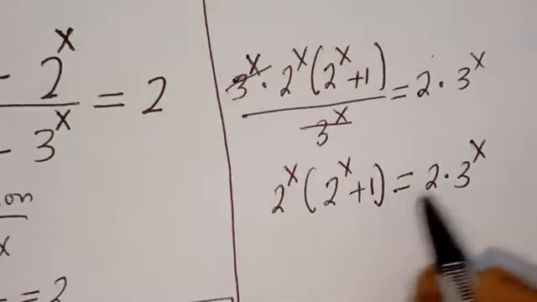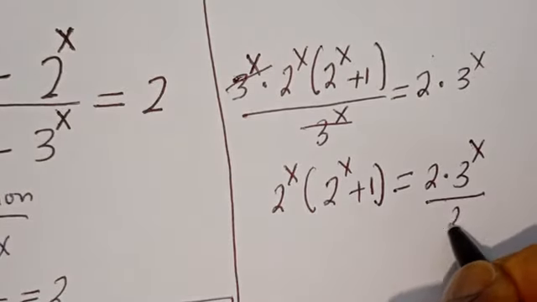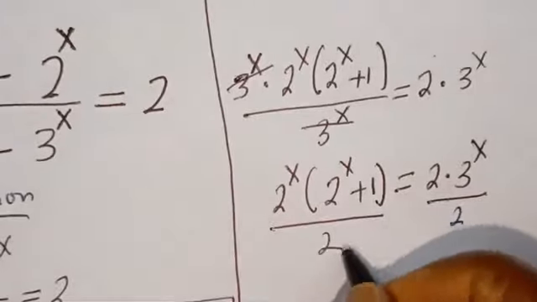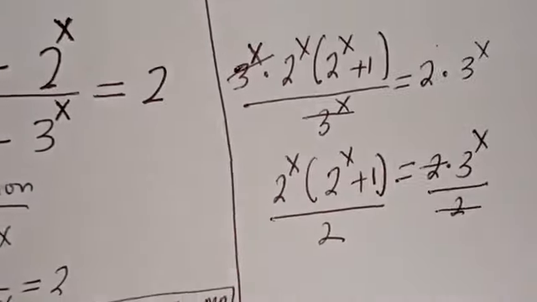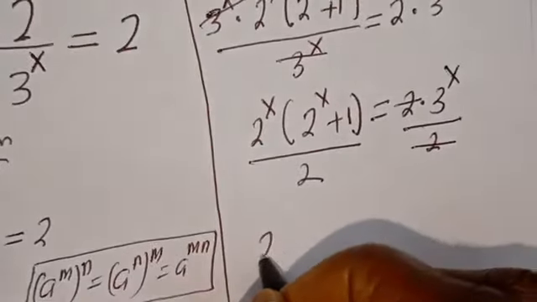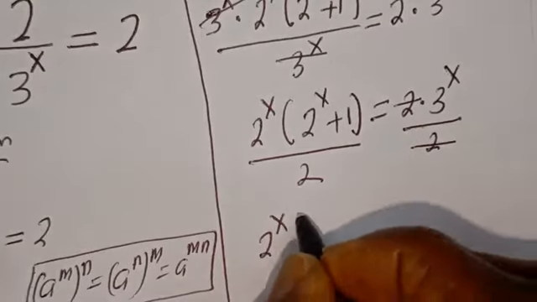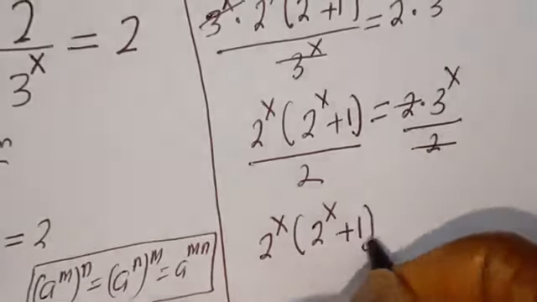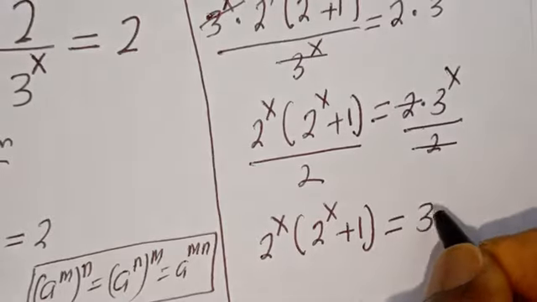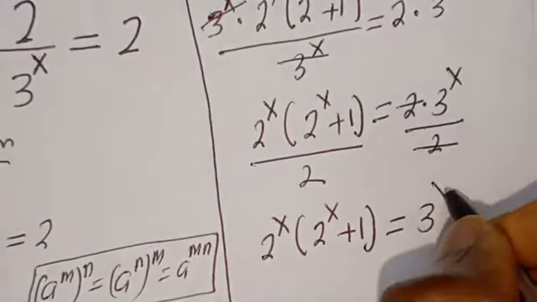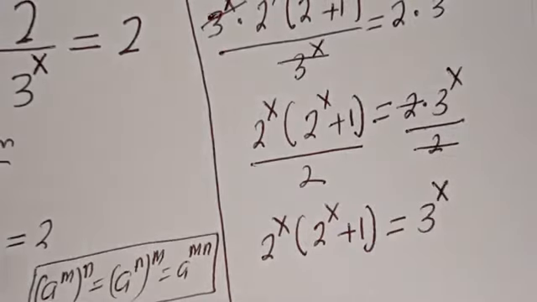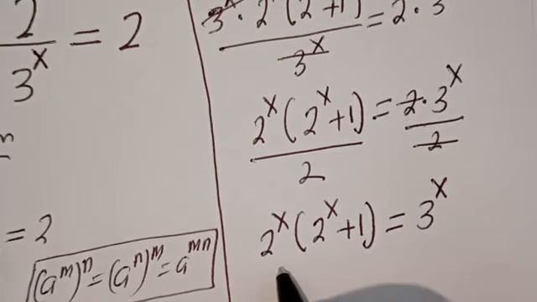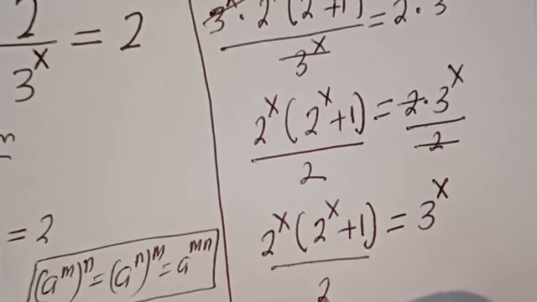Now let's divide both sides of this equation by 2. This divided by 2, this divided by 2. This we cancel this. We have 2 to the power of x bracket 2 to the power of x plus 1 is equal to 3 to the power of x, then divided by 2.